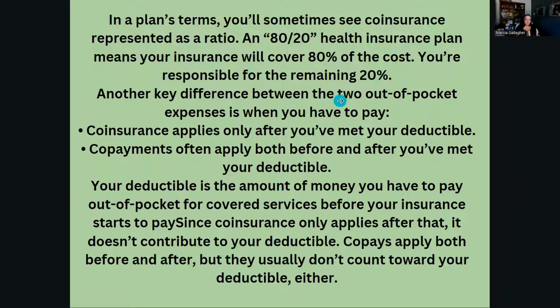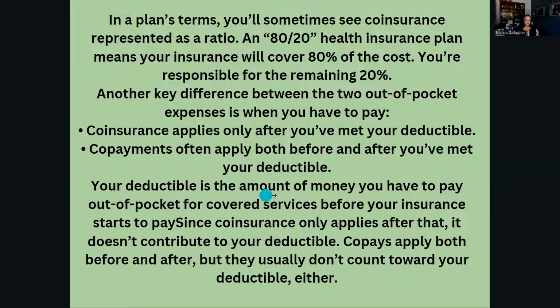Another key difference between the two out-of-pocket expenses is when you have to pay. Coinsurance applies only after you've met your deductible. Just bear it in mind. Coinsurance does not come into play until after you've met your deductible. Copayments often apply both before and after you've met your deductible.